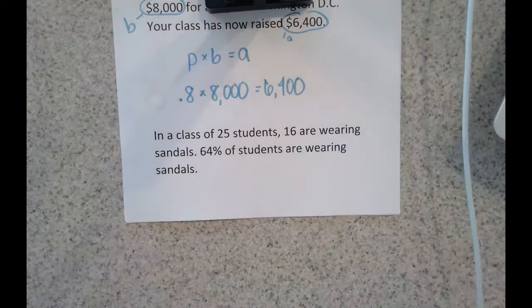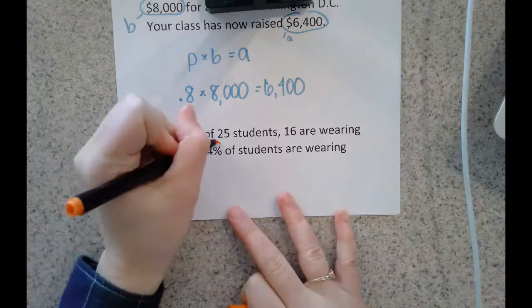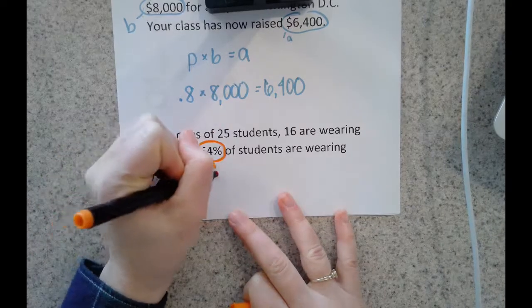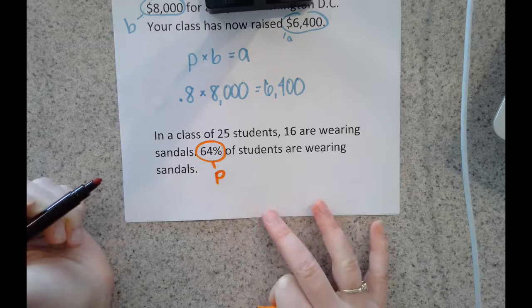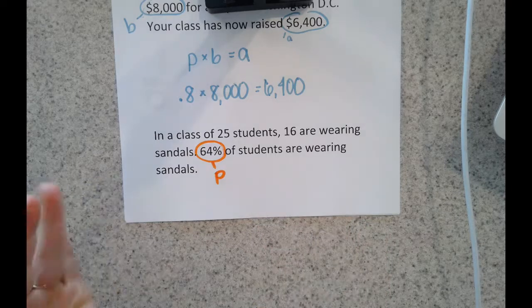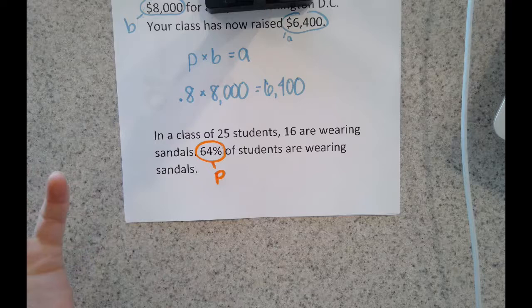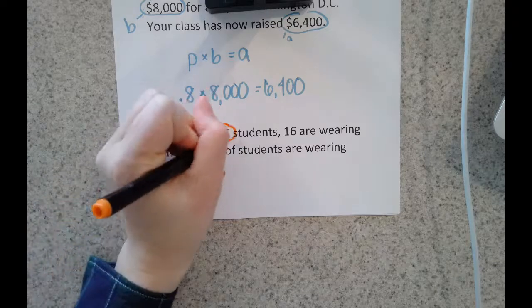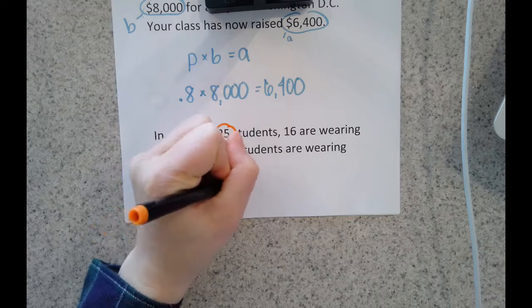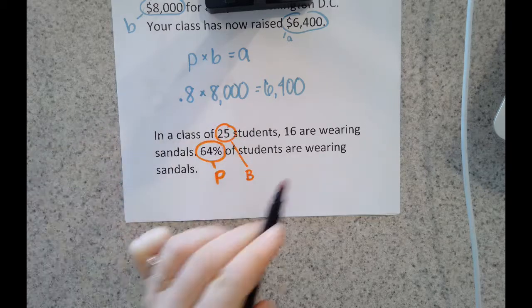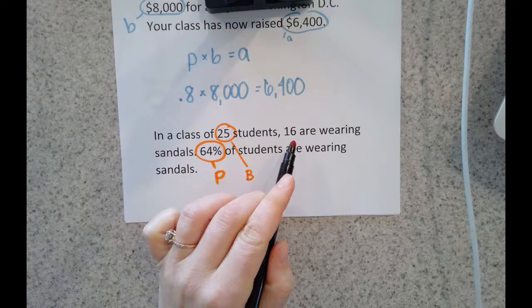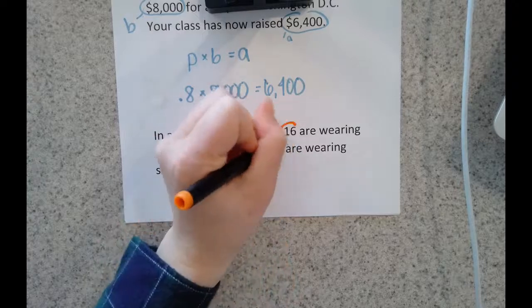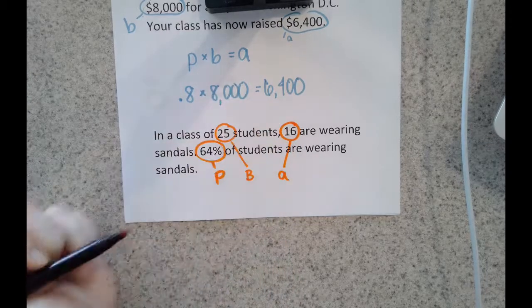All right, you should have gotten the number with the percent sign by it, obviously represents P, the percent. The total, or the whole class, is 25. This would be the B, the base. Part of the class is wearing sandals. 16 is the part.